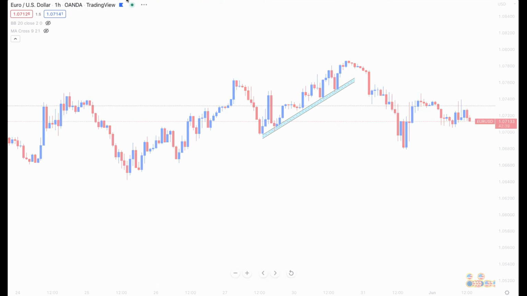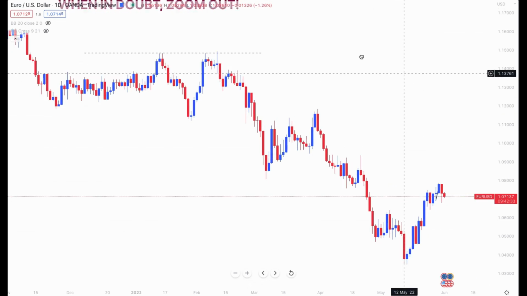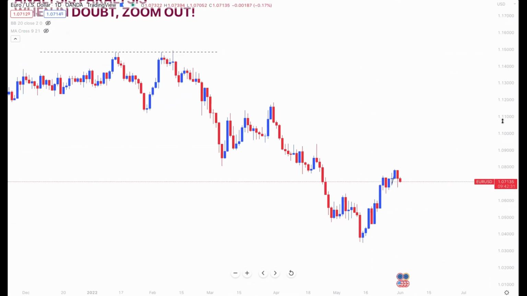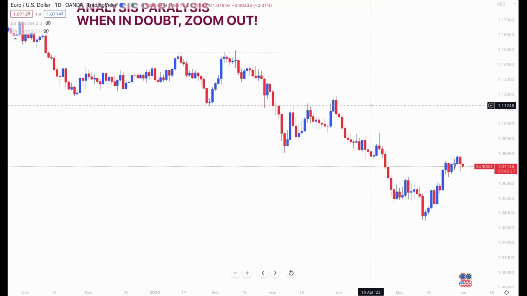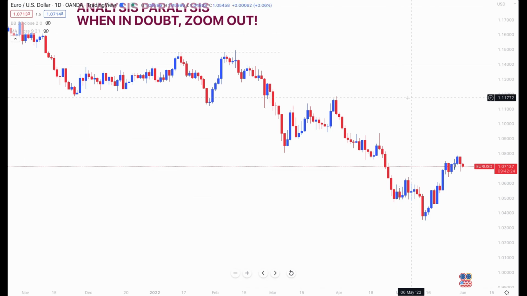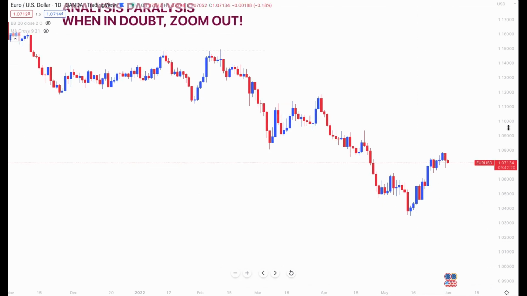This is why when we zoom out to the daily time frame, now we can see our major levels, because if price is respecting a level on the daily time frame, then we know this is definitely a level that is respected in a major way.